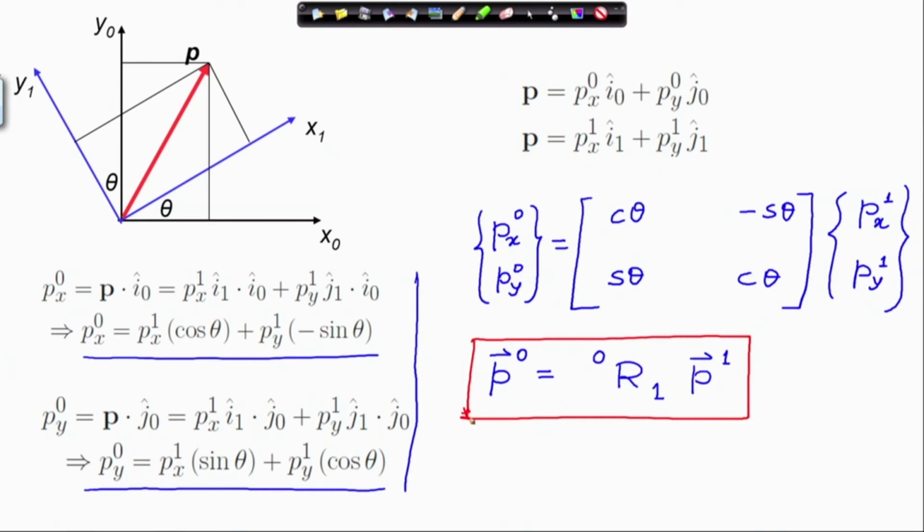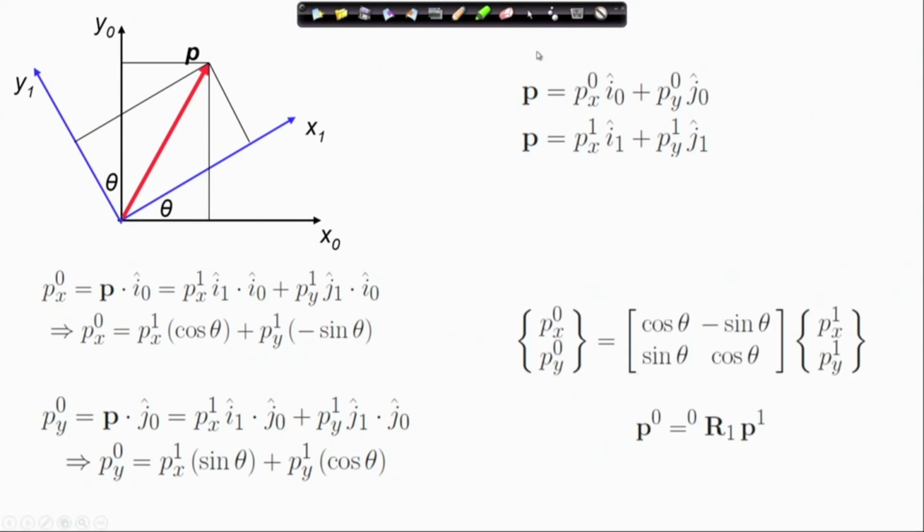P1 is represented in frame 1, P0 is represented in frame 0, and they are related through the rotation matrix R from 1 to 0. We will always say it goes from 1 to 0. On the right-hand side I multiply by a vector represented in frame 1, and on the left I get a vector represented in frame 0. So, this is the implication.